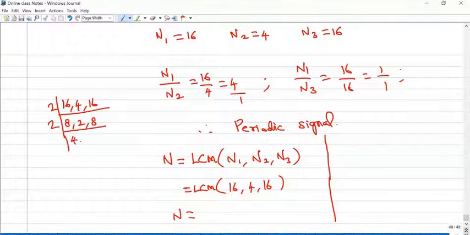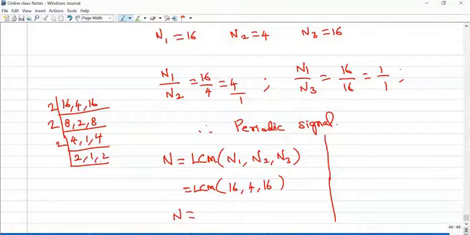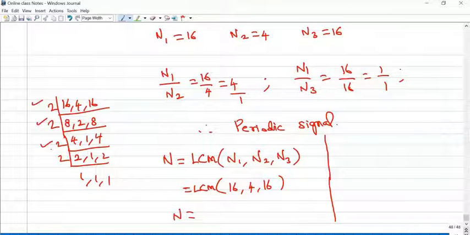Take 2, then 1, 1. So 2 times 2, 2, 2. N equals 16 seconds.